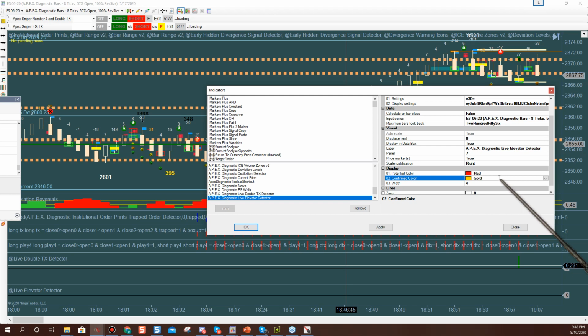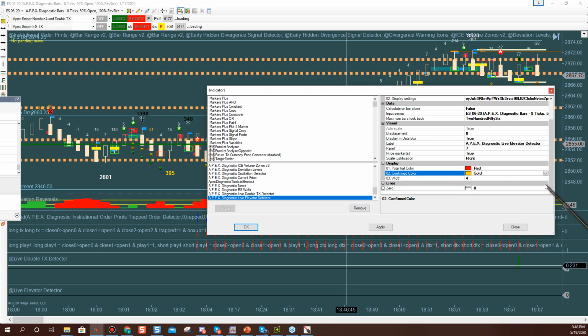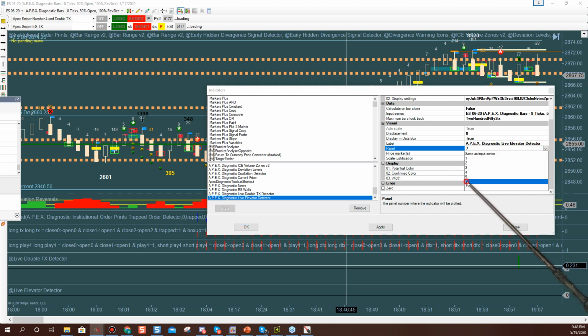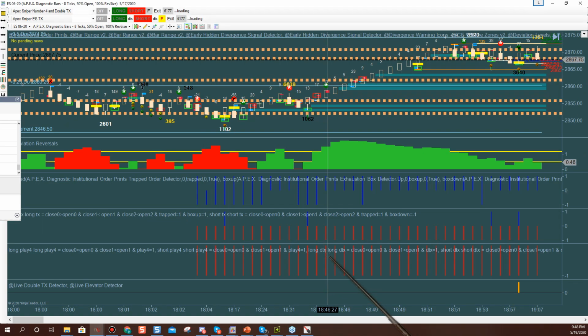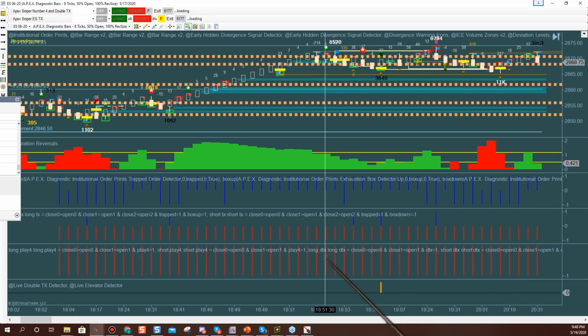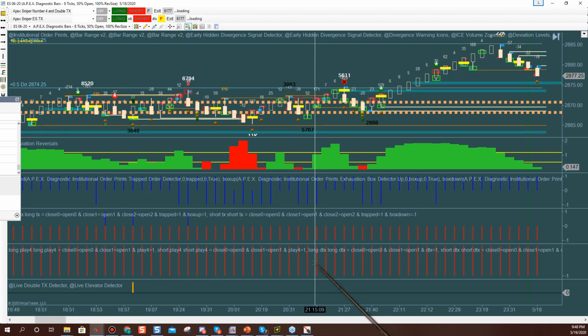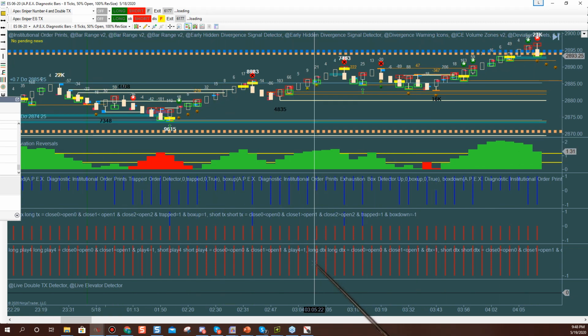Okay, and then all you got to do is change the panel. Right here, we change the panel to 6. Click OK. And now you scroll across.